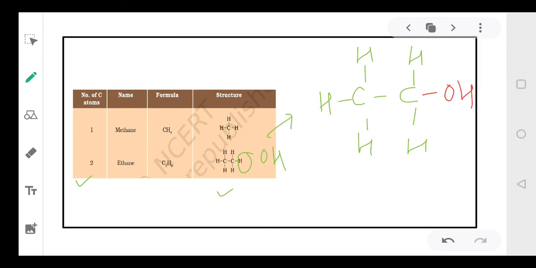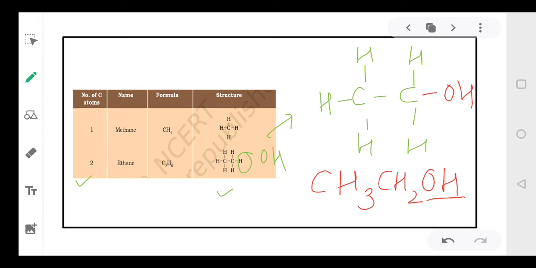So the formula is CH3CH2OH, and it has the functional group OH, so this is an alcohol. Now what will be the name?